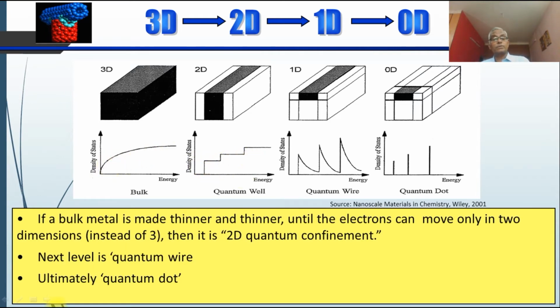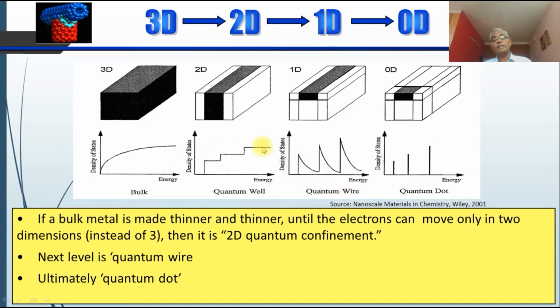Now again we reduce to the next level, which is a quantum wire. The thin sheet is reduced into the form of a wire, so that it has only one dimension, the length. In the earlier case of two dimensions we had length and breadth, and in three dimensions we had length, breadth, and thickness also. Now in this case we consider a wire, and the density of states changes.